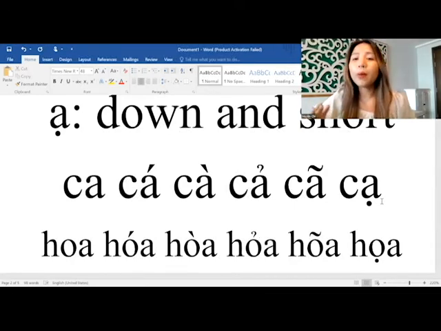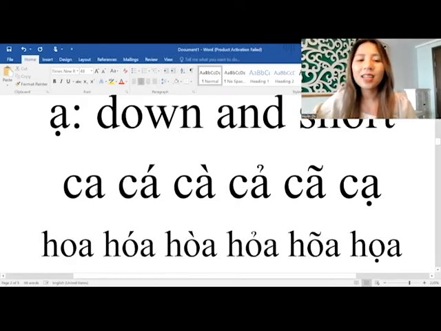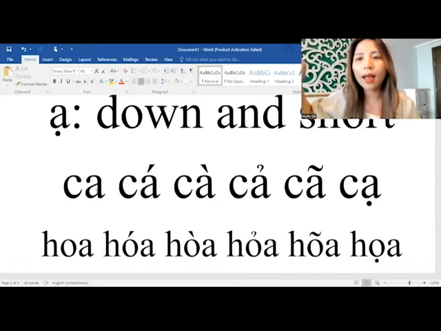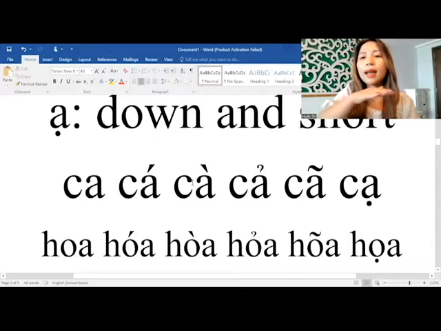Okay, so now I am going to compare the sounds that may sound similar to your ears. This no tone and uptone. Ka, ka, ka, ka. And then no tone and down tone. Ka, ka.